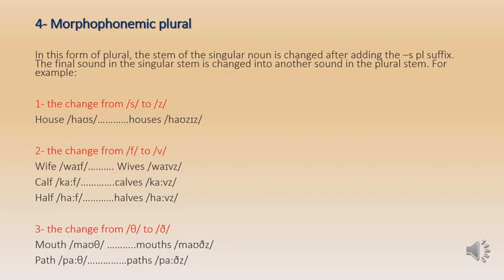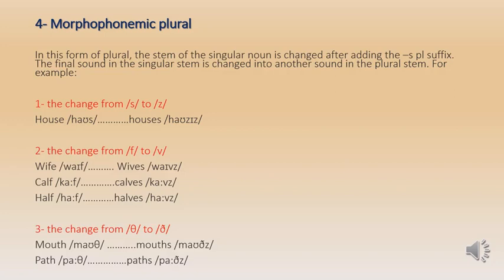The second type is the change from fe to ve. So we have nouns that end in fe. After adding the s plural, the fe is going to change into ve. For example, wife, wives. Even the spelling is going to change, not only the pronunciation.